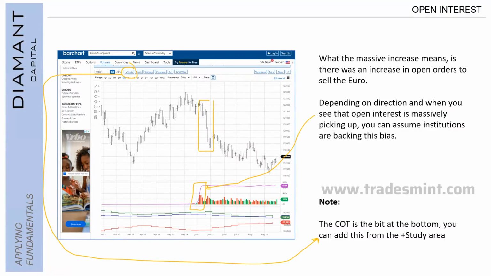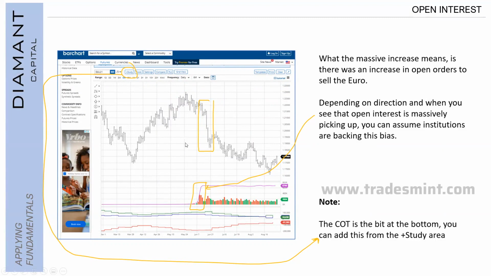I can't remember exactly because I have to do my research on it, but for some reason, the euro sold completely at that point, whether this was spurred on by fundamentals at the time in terms of interest rates or other types of monetary policies. Clearly, there's a reason for that.